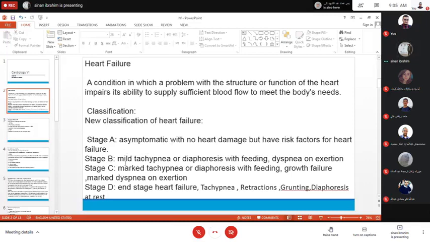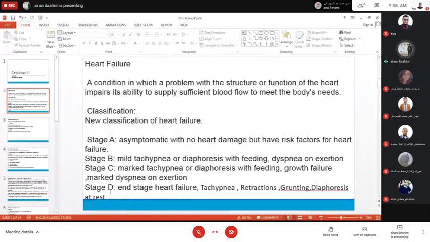Stage B, the patient will be mildly tachypneic or have diaphoresis with feeding, sweating, and dyspnea on exertion. Stage C will be marked tachypnea or diaphoresis with feeding, growth failure, and marked dyspnea also on exertion.